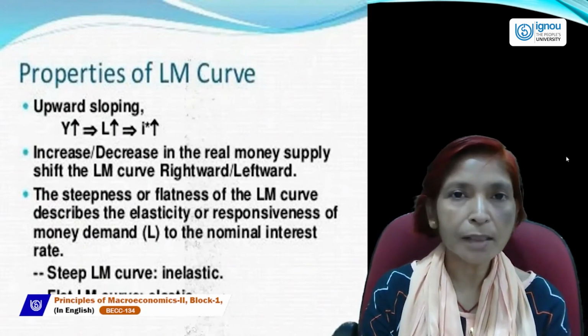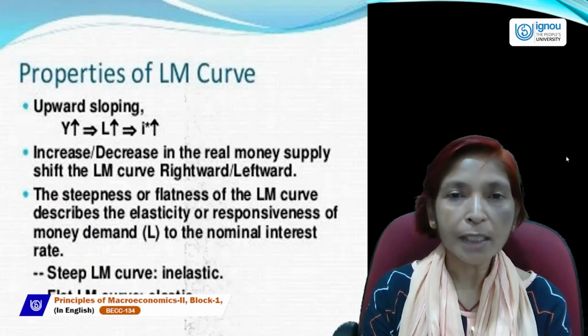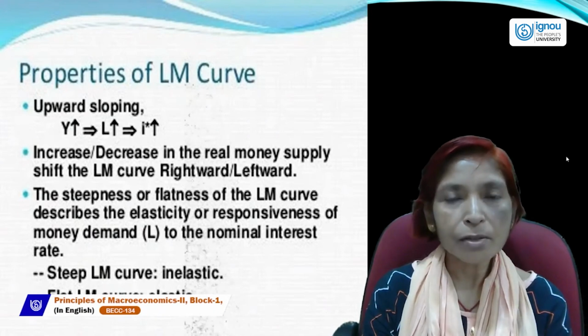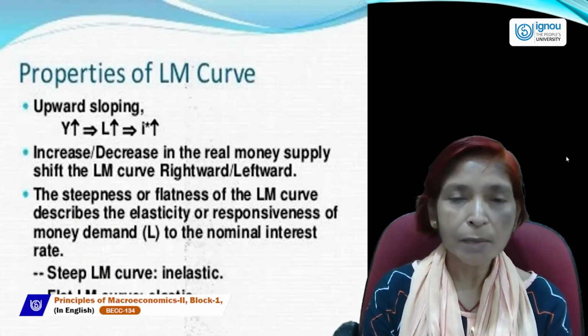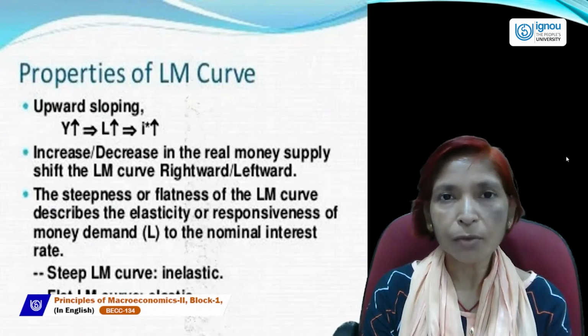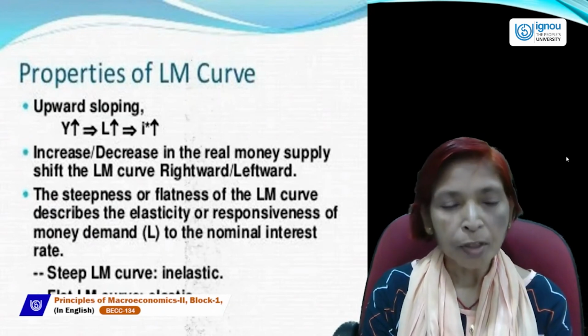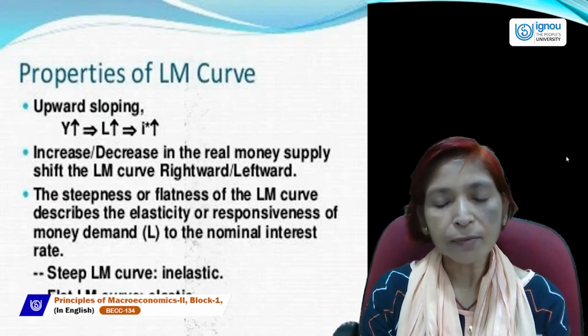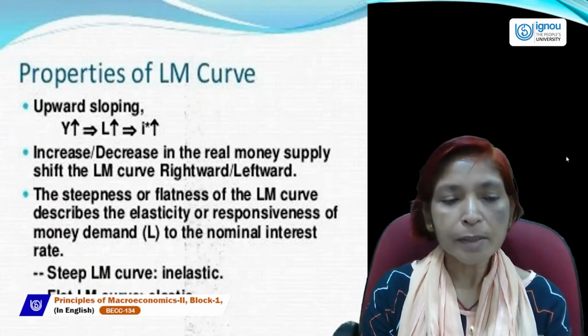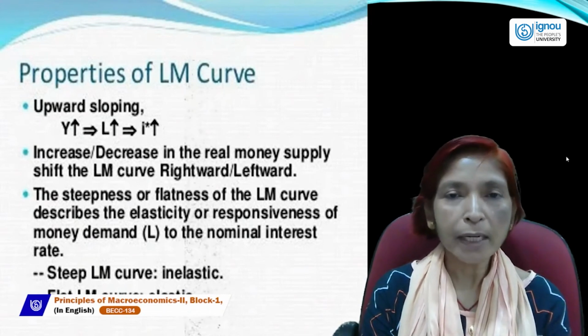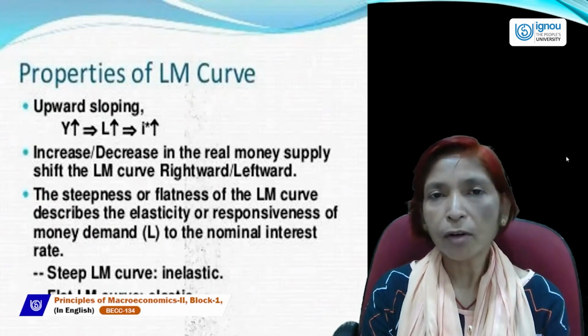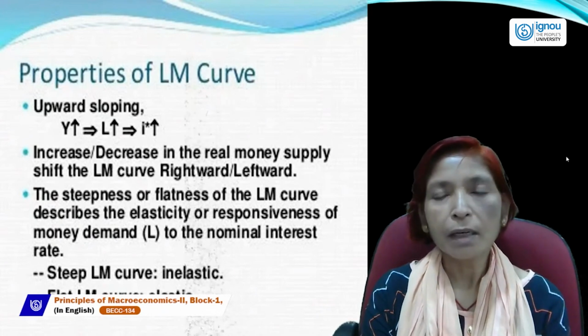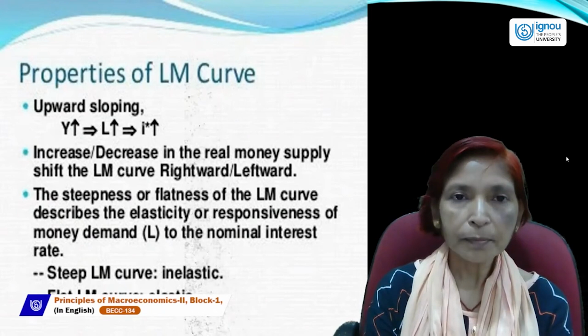In case of IS, the slope depends upon the size of the multiplier and the sensitivity of investment to the rate of interest. But the steepness and flatness of the LM curve describes the elasticity or responsiveness of money demand to the rate of interest and to the level of income.